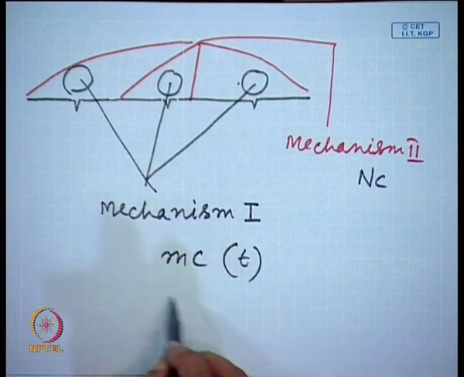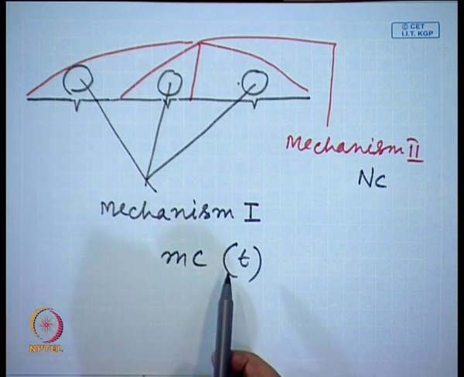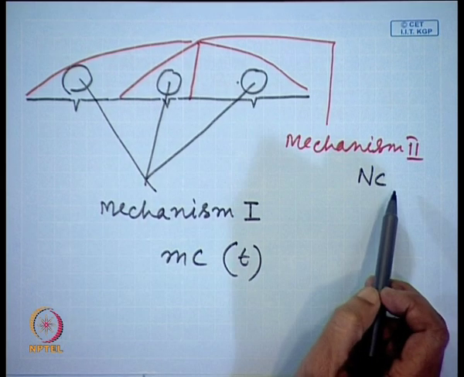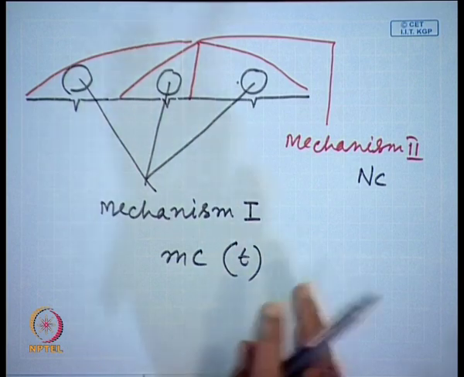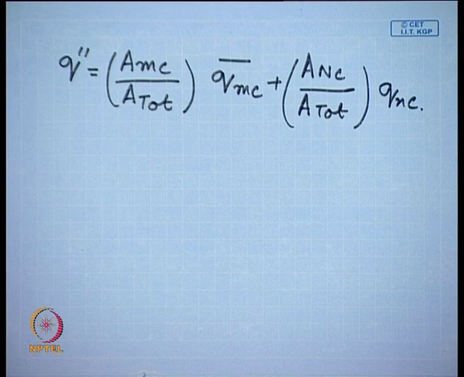So, for micro convection, if I want to calculate the rate of heat transfer, we have to do it by integrating over the entire period of the cycle. Natural convection rather is straightforward. So, with this assumption, this particular formula has been written.